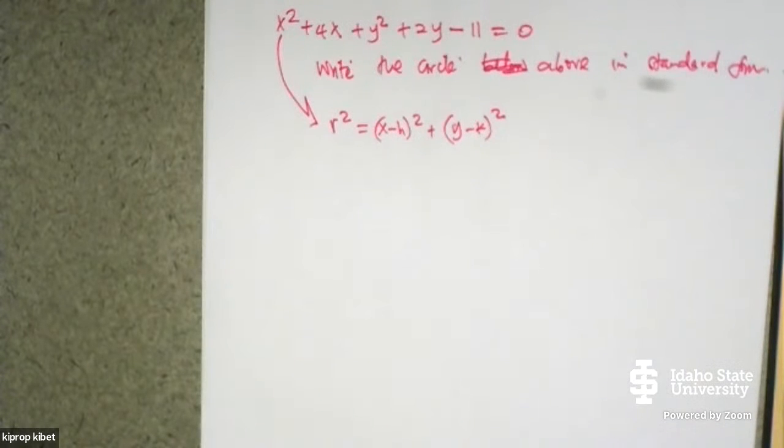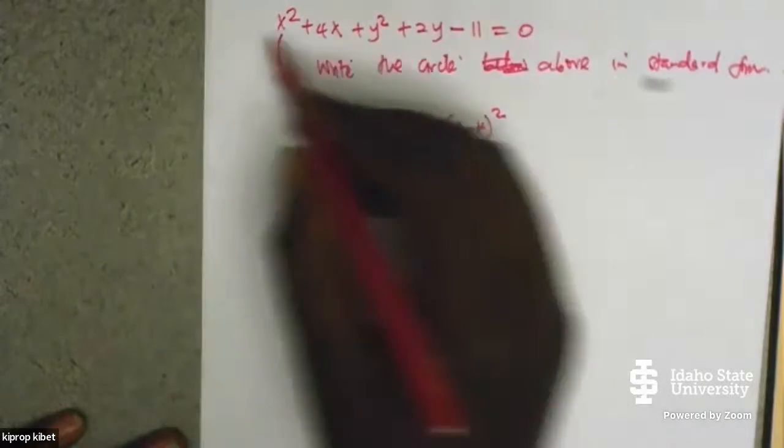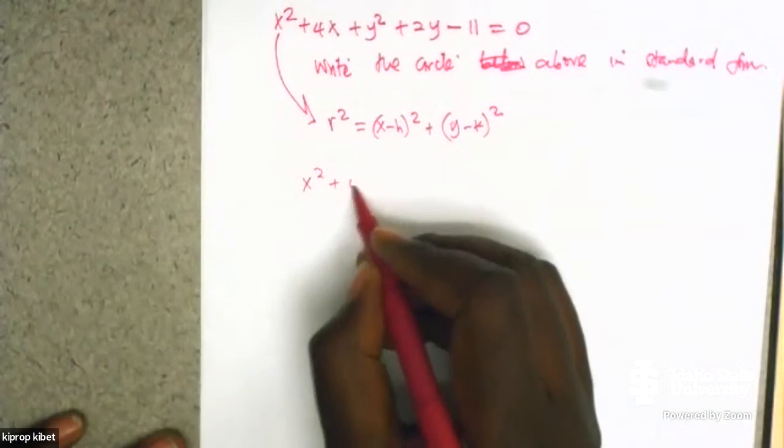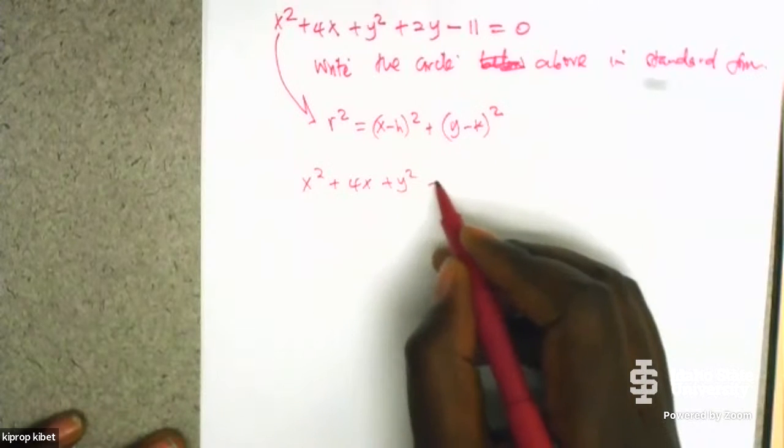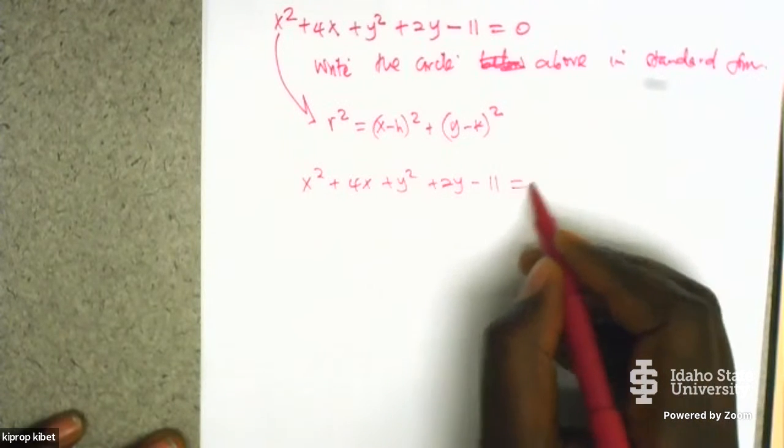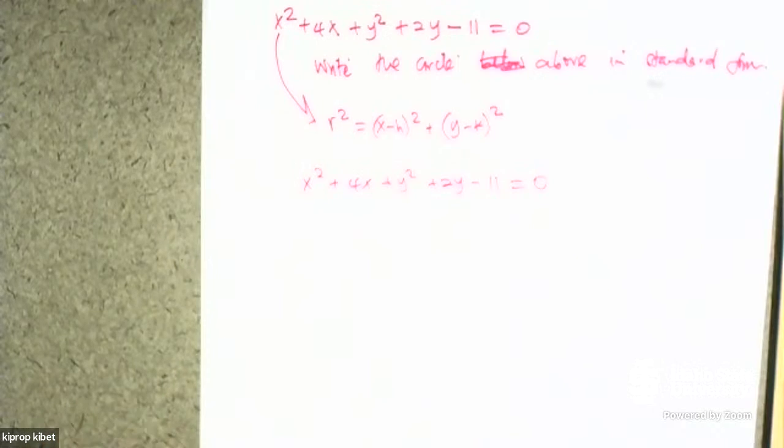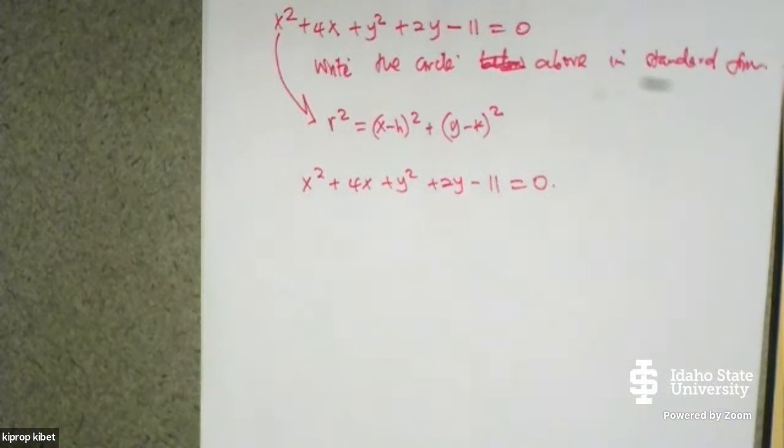So in this case, what we can do is complete the squares in each one of them. We have here x square plus 4x plus y square plus 2y minus 11 equals 0. What we need to do first to complete the square is separate the variables from the constant.